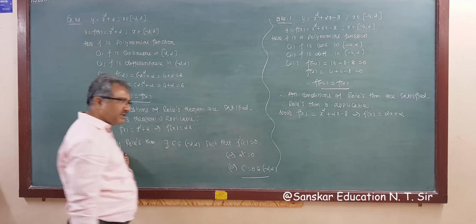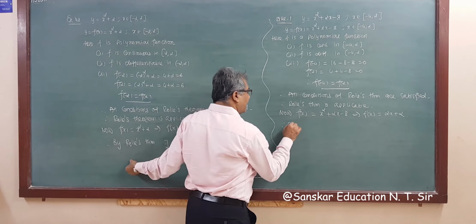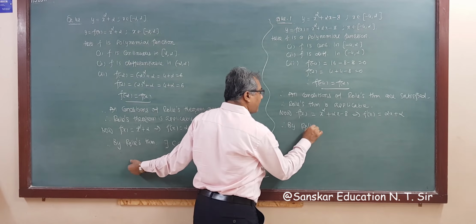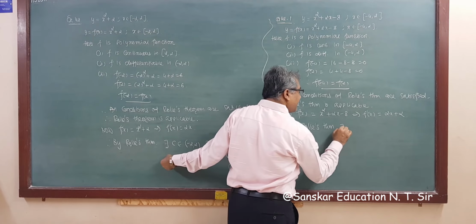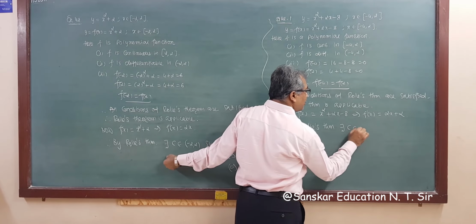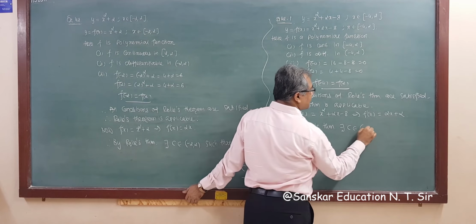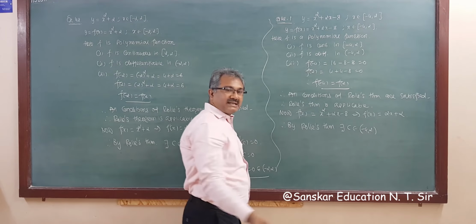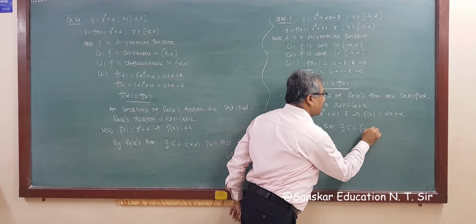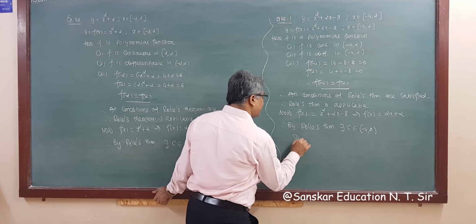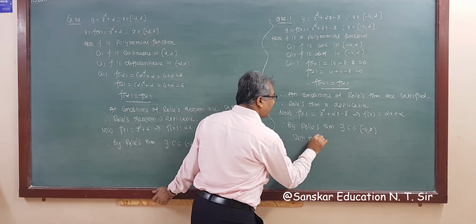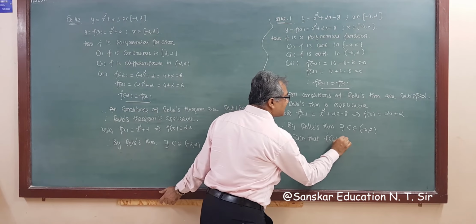So by Rolle's theorem, there exists a C belonging to the open interval minus 4 comma 2 such that f dash C is equal to 0.